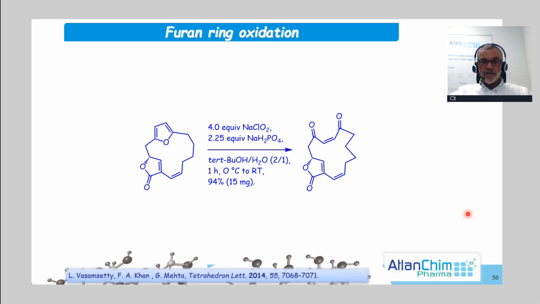In the total synthesis of this oxygenated polycyclic framework derived from Sambrance, treatment of this furanobutenolide-based macrocycle with sodium chloride under buffered conditions afforded the Z-diketone moiety in excellent yield.